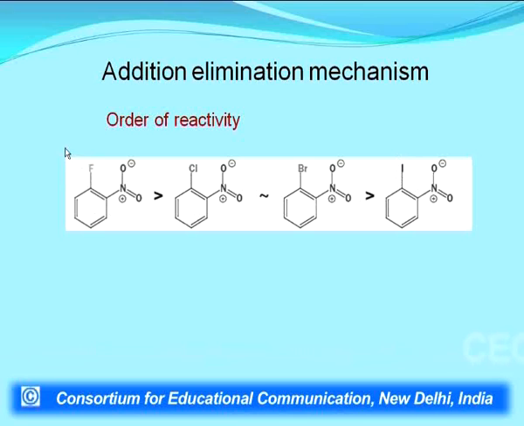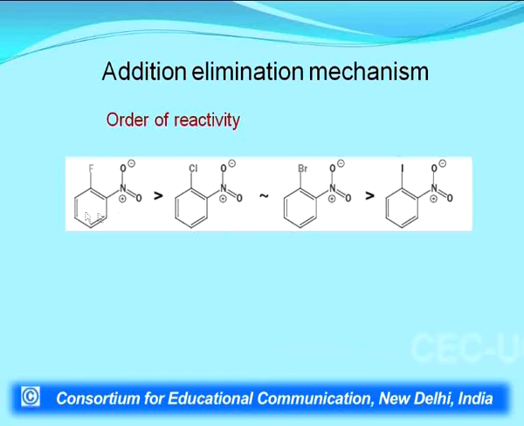And second, after the formation of the sigma complex, the electronegativity of fluorine stabilizes the intermediate which is formed, and it is not the case with iodo. Whereas, chloro and bromo derivatives fall in between, and the rates with them are quite close, but the reaction rate is slow in comparison to that of fluoro and is more than that of iodo.